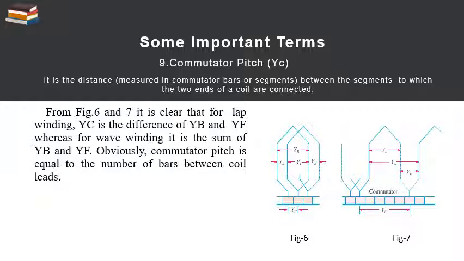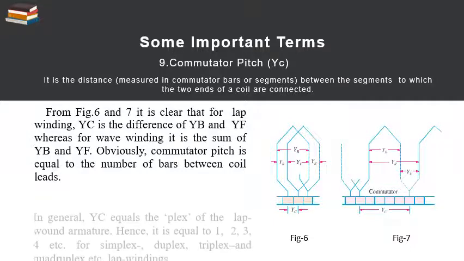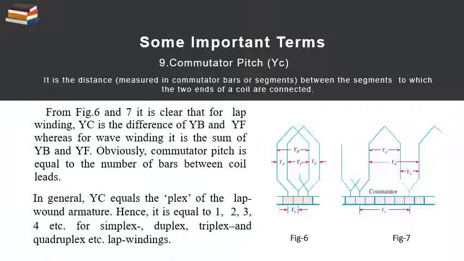Obviously, commutator pitch is equal to the number of bars between coil leads. In general, commutator pitch equals the plex of the lap wound armature. Hence, it is equal to 1, 2, 3, 4, etc. for simplex, duplex, triplex, and quadruplex, etc.